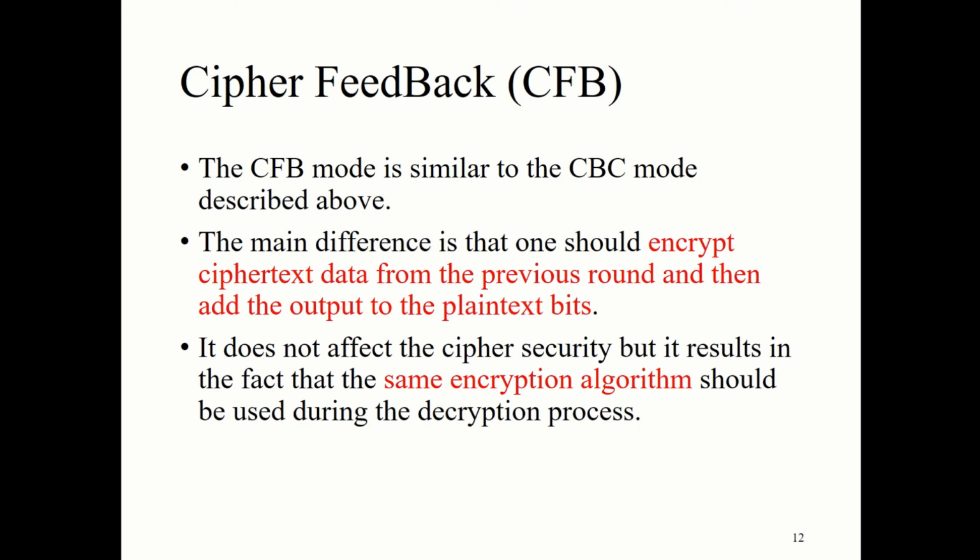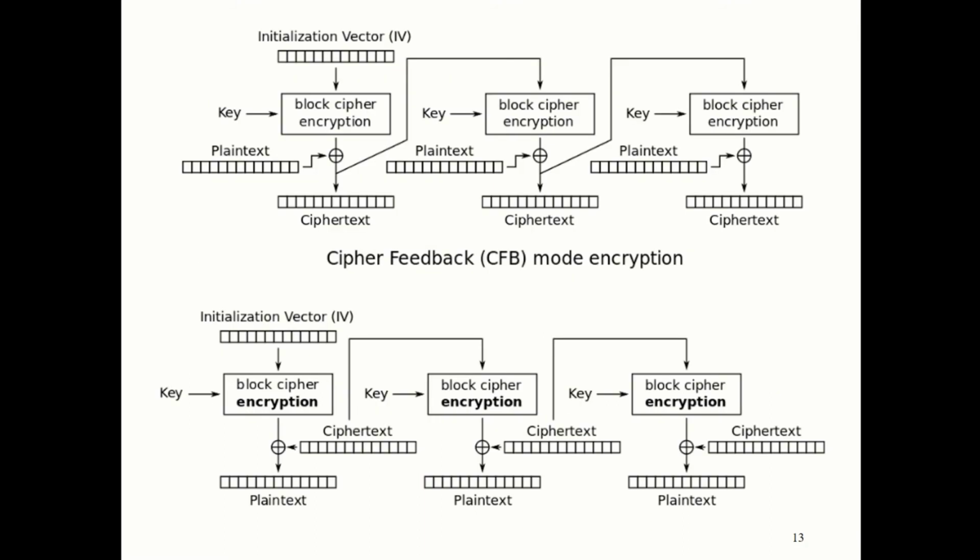Now, the third one is called CFB. CFB is basically similar to the CBC, but there are a few differences. Okay, all right. You can see here, in the previous algorithm, what we used to do was get the plain text, give it the initialization vector, and do the XOR, and the output would be taken to the next one and XOR.